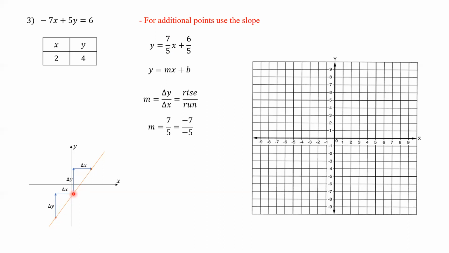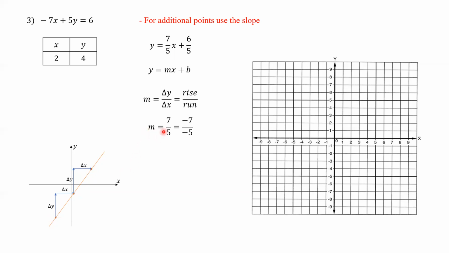So that's going to be another point. Now, if I want more points, I can continue performing my steps: delta y units in the vertical direction, delta x units in the horizontal direction, and again, I'm going to end up at a point on the line.